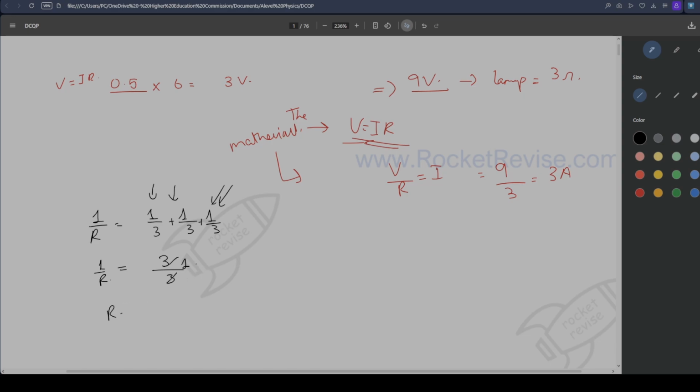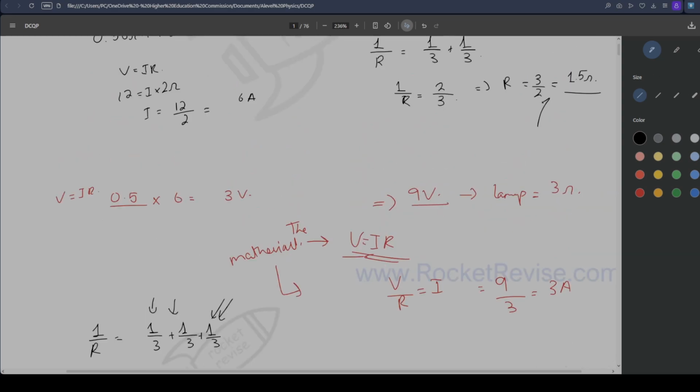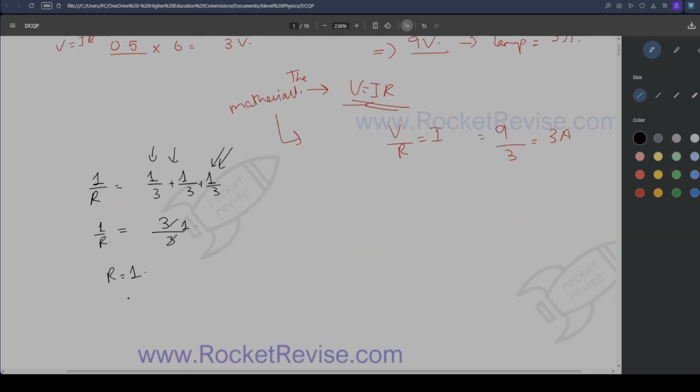So our new resistance is 1 ohm. Our previous resistance was 1.5 ohms. So our resistance went from 1.5 ohms to 1 ohm. It decreased.